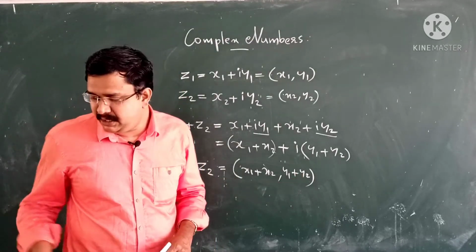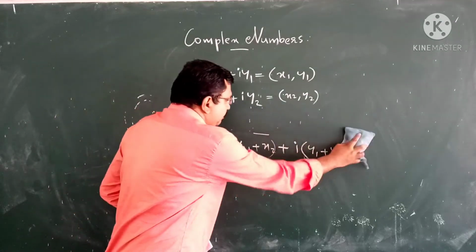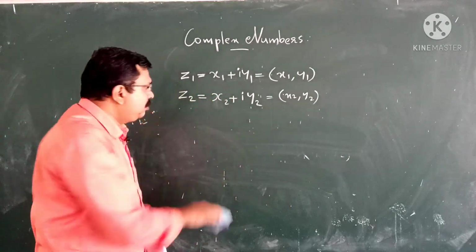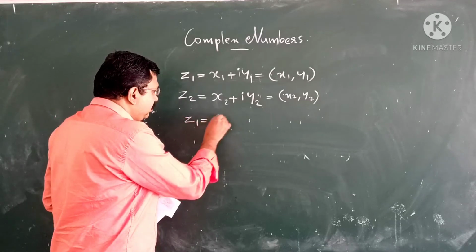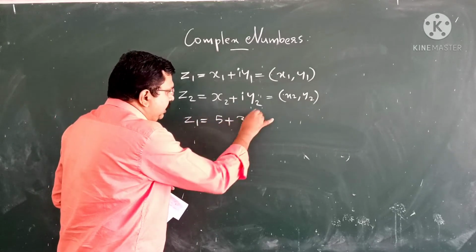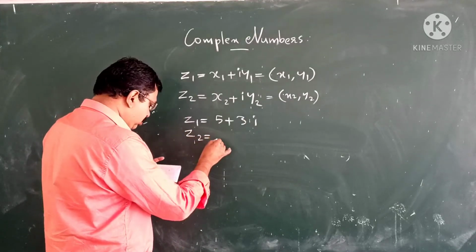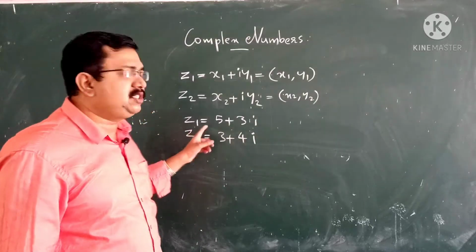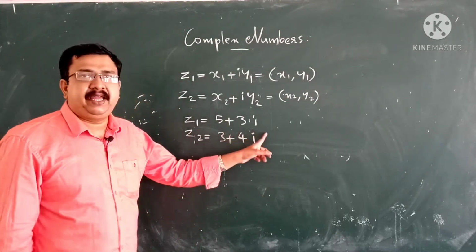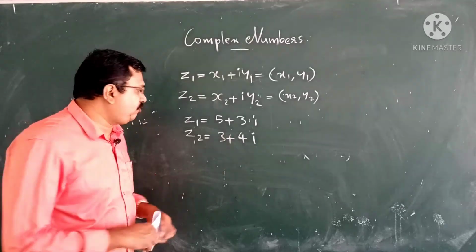For example, z1 equal to 5 plus 3i and z2 equal to 3 plus 4i. Two complex numbers: the first one is 5 plus 3i and the second one is z2 equal to 3 plus 4i.